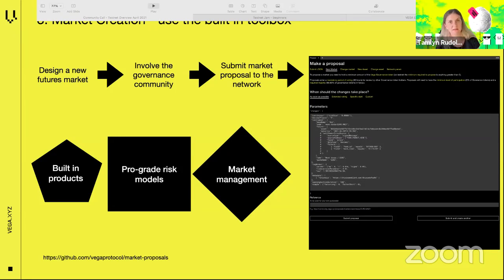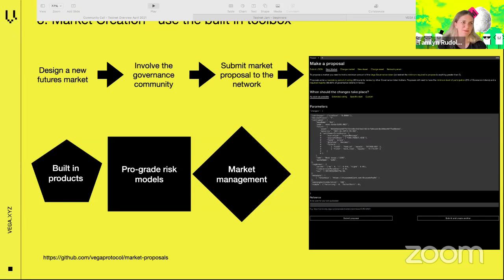You don't need to write your own smart contract code in order to create or launch a new market. It's actually very easy. You just nominate which instrument you want to base your market on. And as I said before, cash settled futures are currently the only option on testnet, but you don't need to be worried about that because there can be cash settled futures on anything.